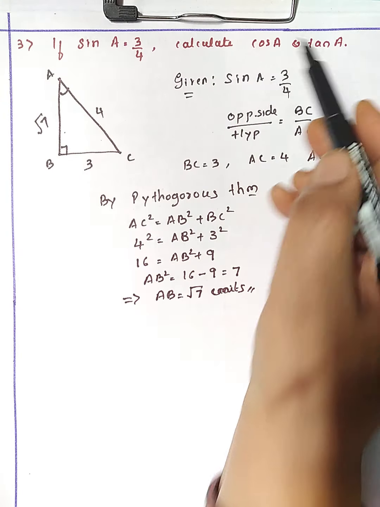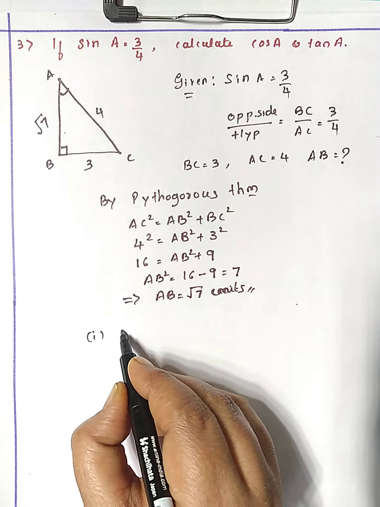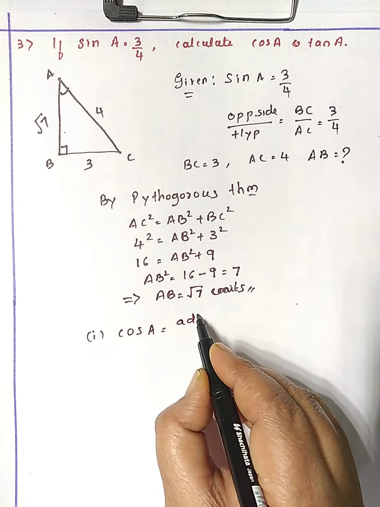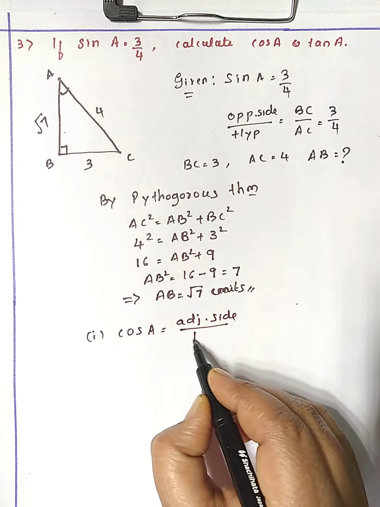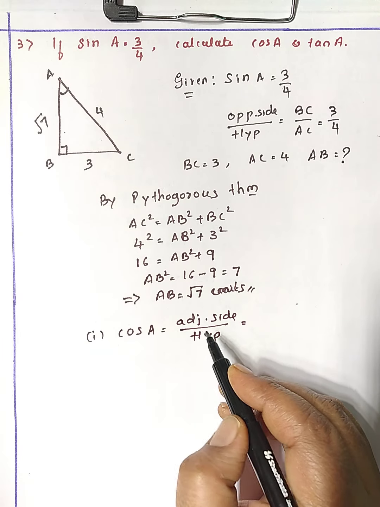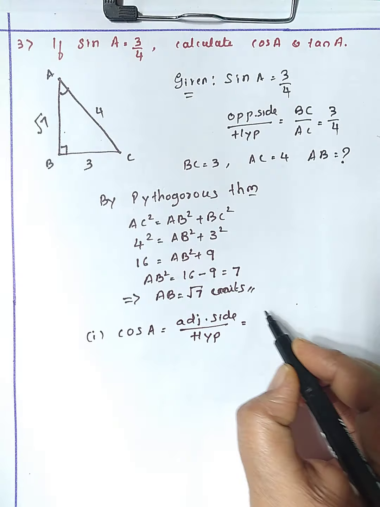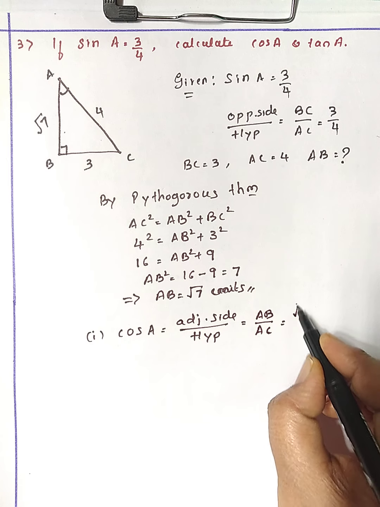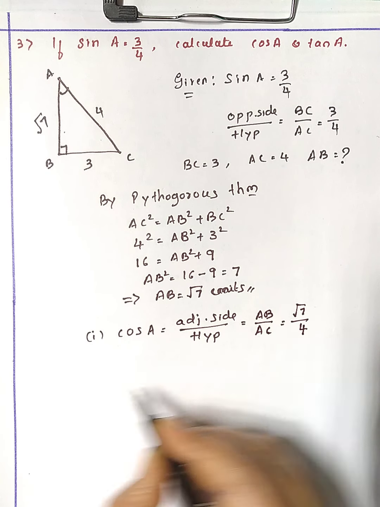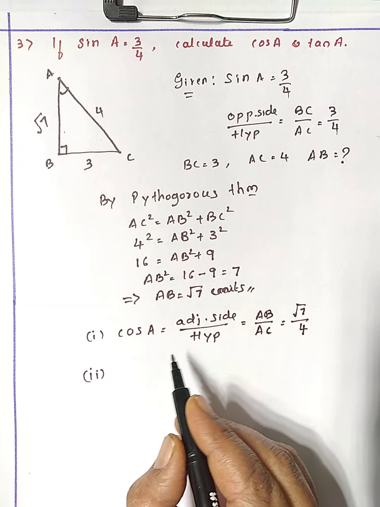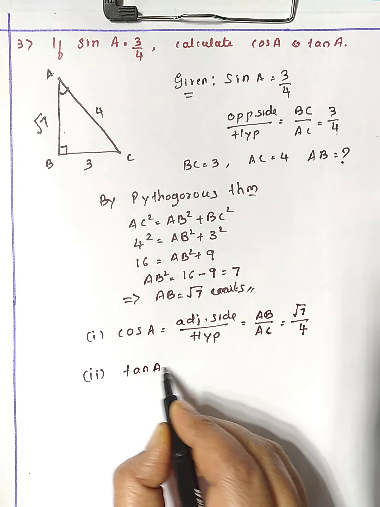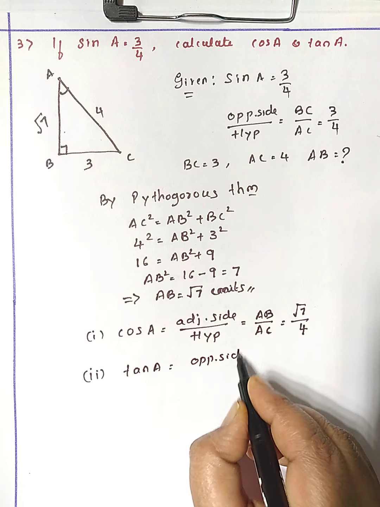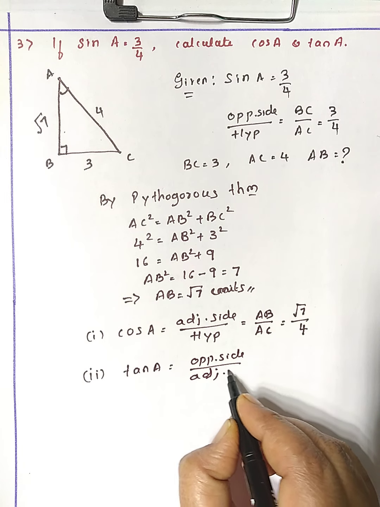Now what we have to do? Cos A and tan A. First one is cos A. The ratio of cos A is adjacent side upon hypotenuse. Adjacent side for A is AB, hypotenuse AC. AB is root 7 and AC is 4. Then second one is tan A. The ratio of tan A is opposite side by adjacent side.